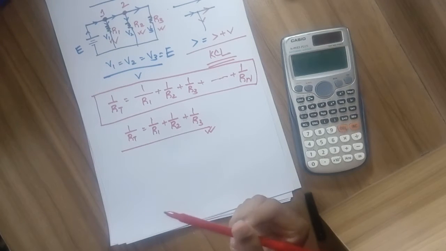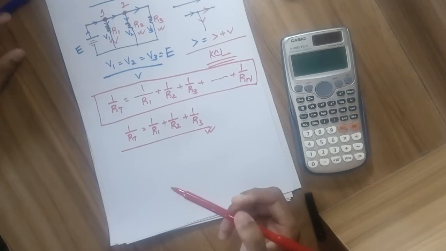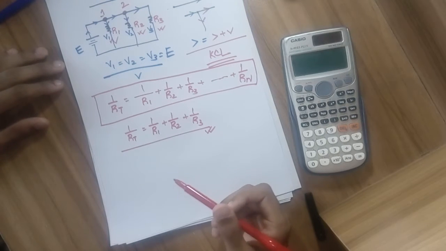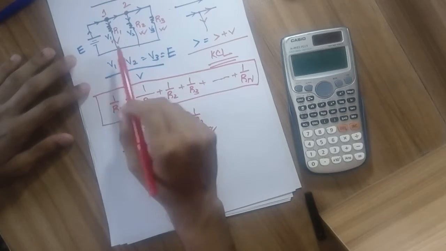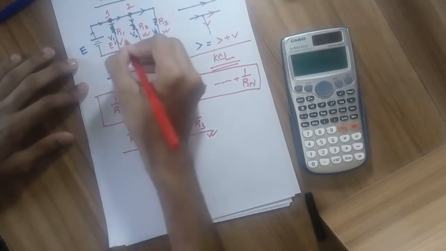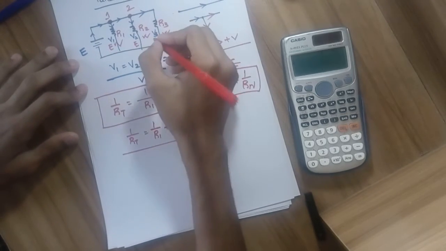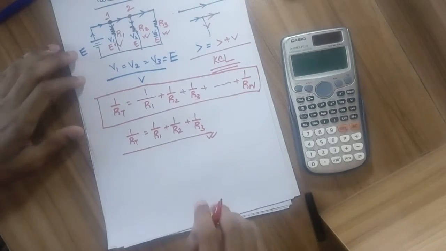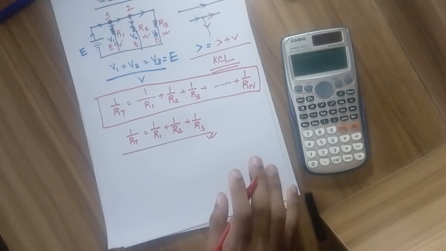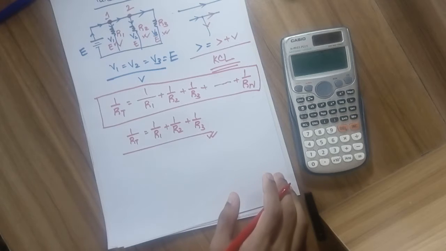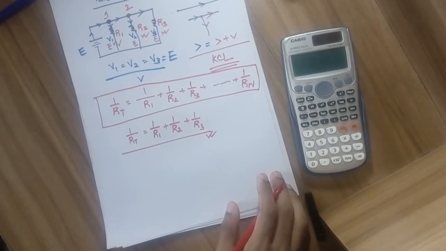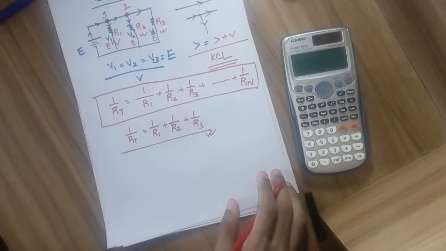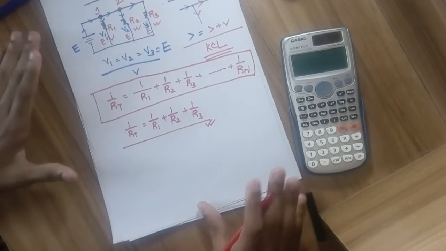Now, as you know, the voltage on each resistor is the same. That means the voltage for R2 is E and the voltage for R3 is E, I mean the source voltage. If we want to find the source current, we just need to use Ohm's law.